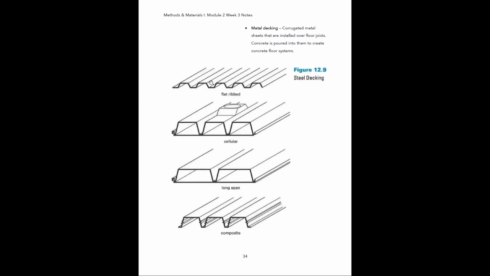On top of this is a layer of concrete that they will pour on, and the entire structure is just going to support that concrete. That's where you get your concrete flooring from. For example, in the CAED building where you have a concrete floor on all the floors, it's most likely using a system like this, where you have this steel pan, this metal decking, and then they're just pouring the concrete in on top of it.